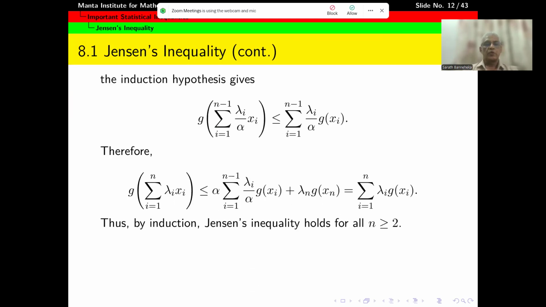So if you consider the hypothesis that we had for the n minus 1 situation, we are assuming that the inequality is true for n minus 1 points. Therefore, g evaluated at this point with n minus 1 points should be less than or equal to the sum of lambda i divided by alpha, those are the weights, times g of xi, summed over i from 1 to n minus 1. That is coming from the assumption that we are making.